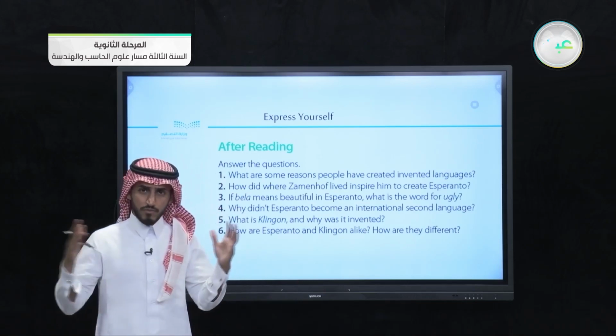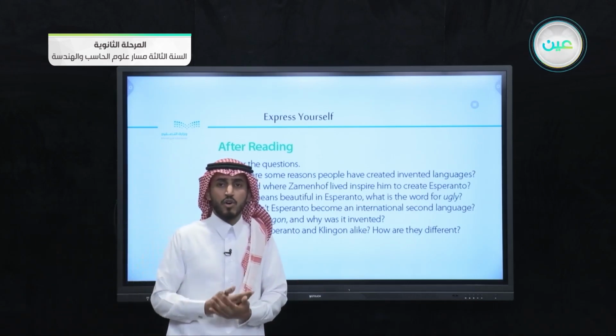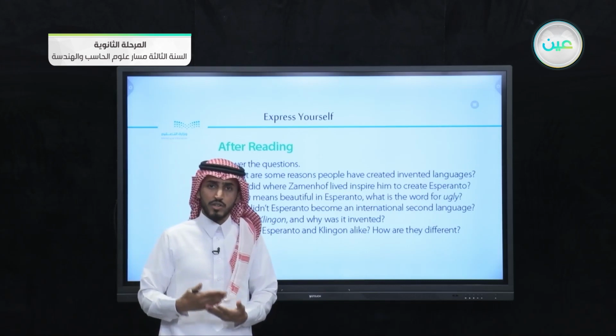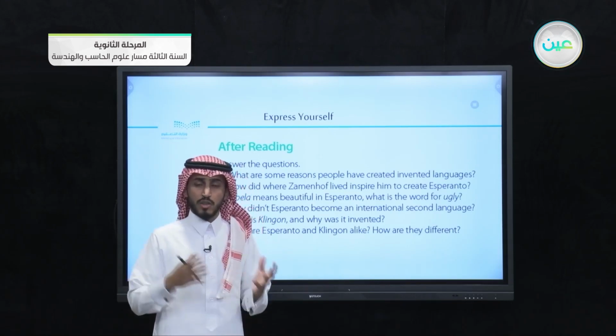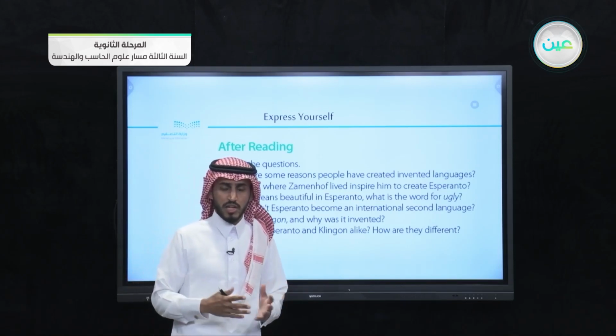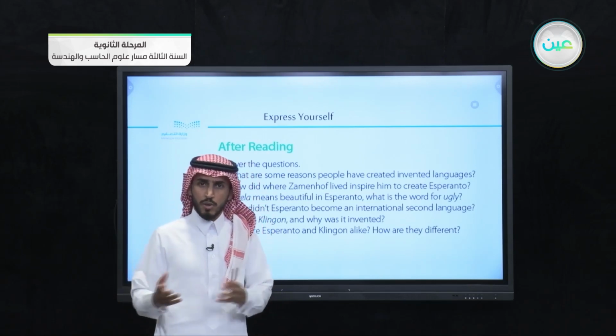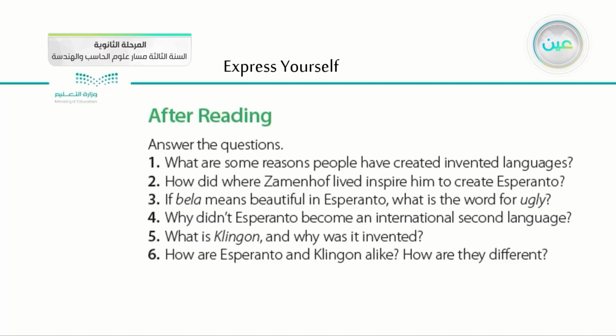But as we have explained before about the techniques that you can use to answer the post-reading questions properly, also called reading comprehension questions, what is the most appropriate way to answer these questions?